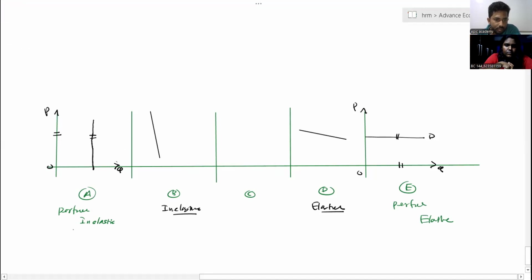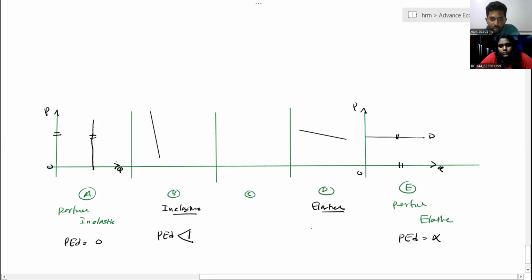Here, the coefficient value PED equals 0. Here, PED equals infinity. In the inelastic situation, PED is less than 1.